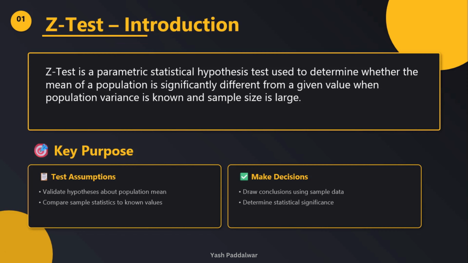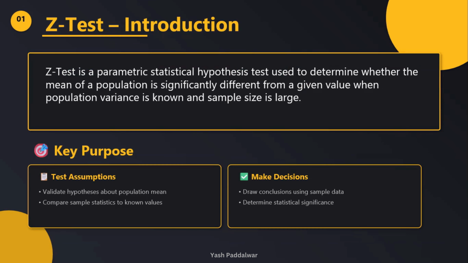So if the population variance is known to you and the sample size is also large, then the Z test is very much applicable for your case. It will accurately tell you the significant difference between the population mean and the sample mean. I hope by the definition it is clear to you all.